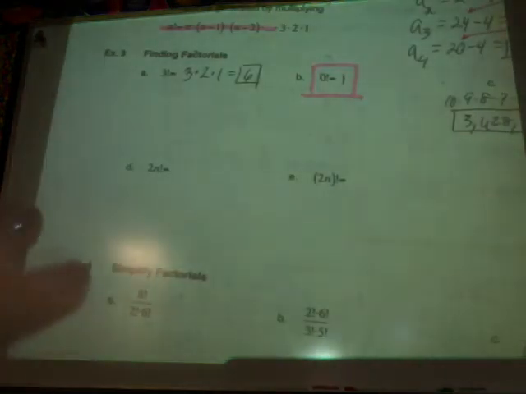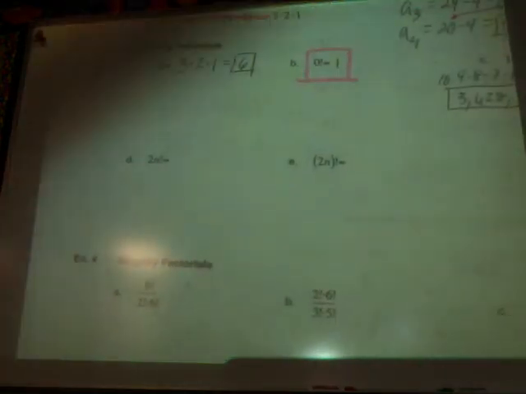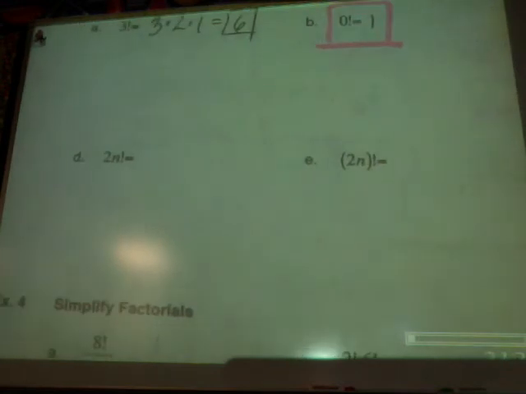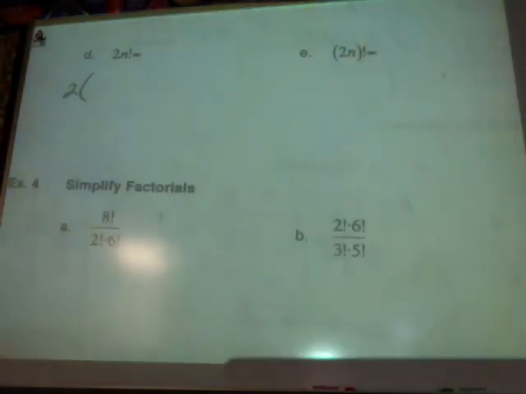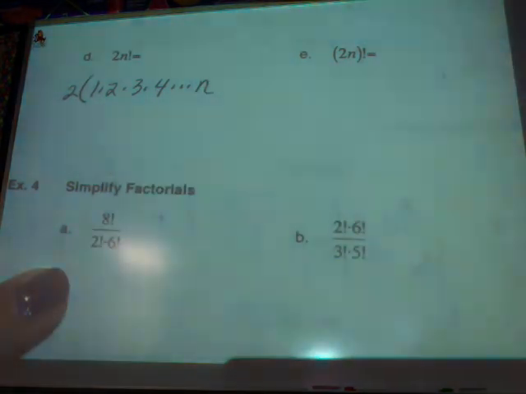So there's a difference between D and E, by the way. What's the difference? Yeah, parentheses. So 2 times n factorial just means 2 times, and then you're going to have 1 times 2 times 3 times 4 times n, right?